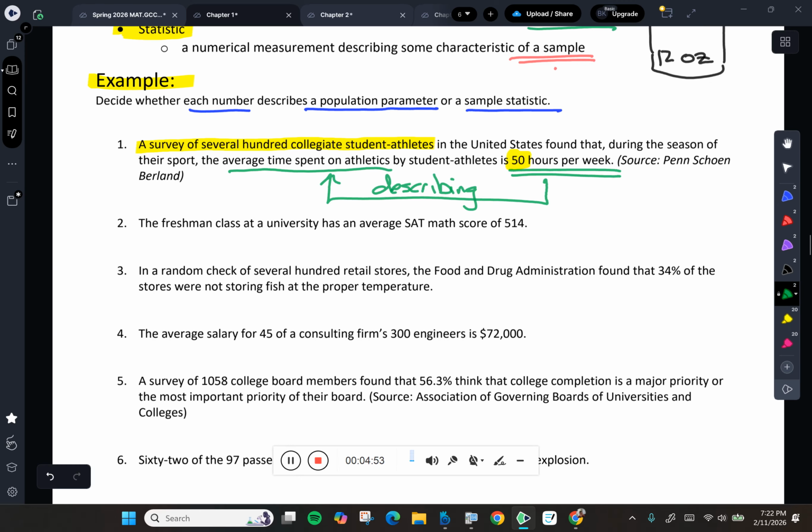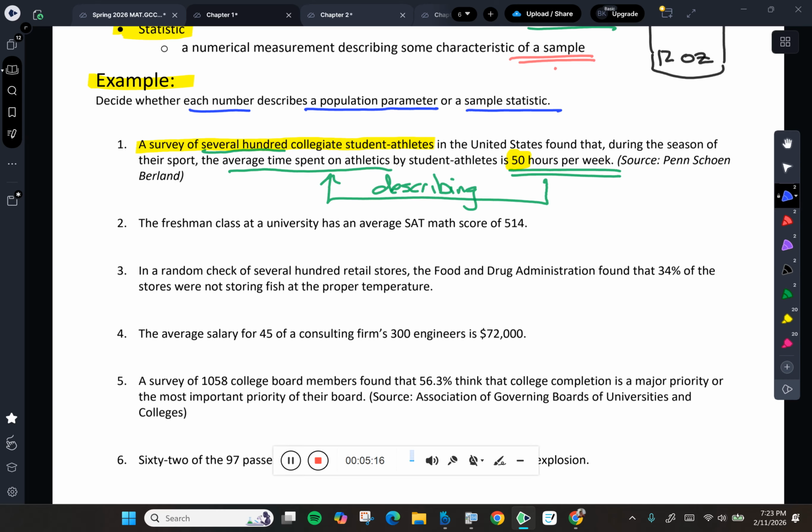Now, that several hundred, is that all of the student athletes that there are? Because if it is, if several hundred is all of them, then that 50 is a parameter. If that several hundred is just some of them, then that several hundred is a sample, and that 50 would be a statistic.